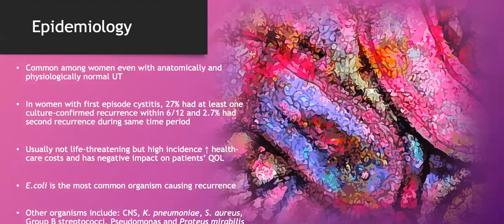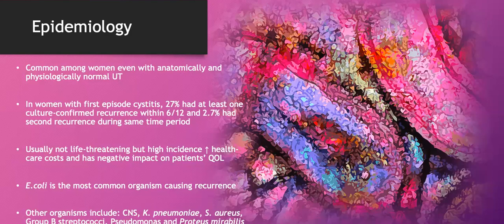In terms of its epidemiology, it's common among women, even with anatomically and physiologically normal urinary tracts. In women with first episode cystitis, 27% had at least 1 culture-confirmed recurrence within 6 months, and 2.7% had a second recurrence during the same time period.